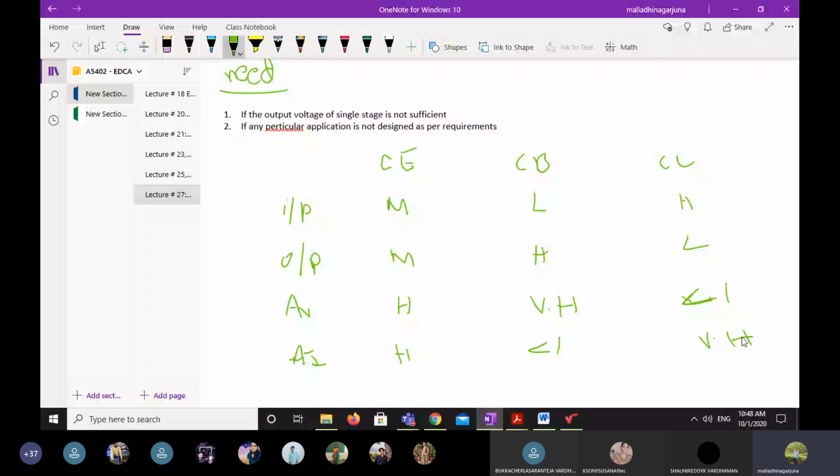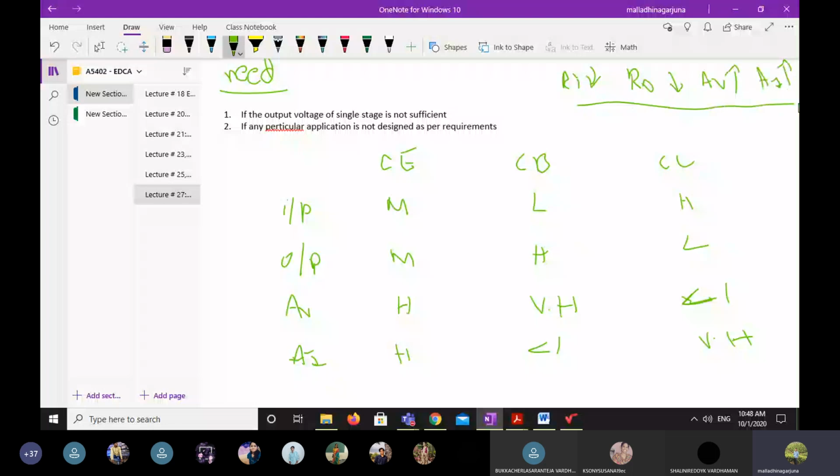So my requirement is: Ri, the input impedance, should be low, Ro should be low, voltage gain should be high, and current gain should be high.